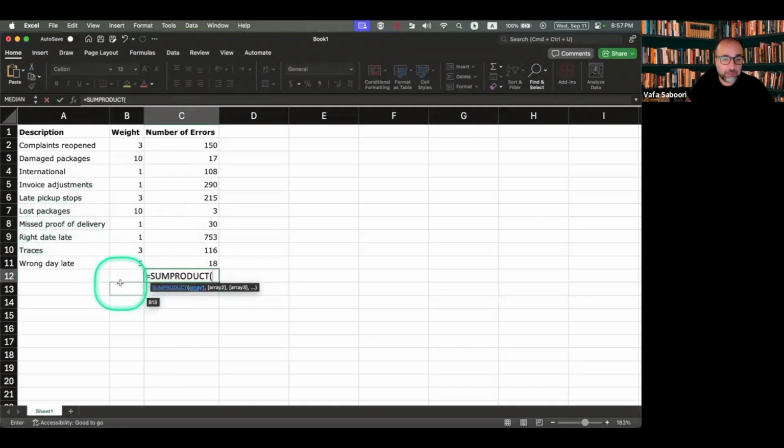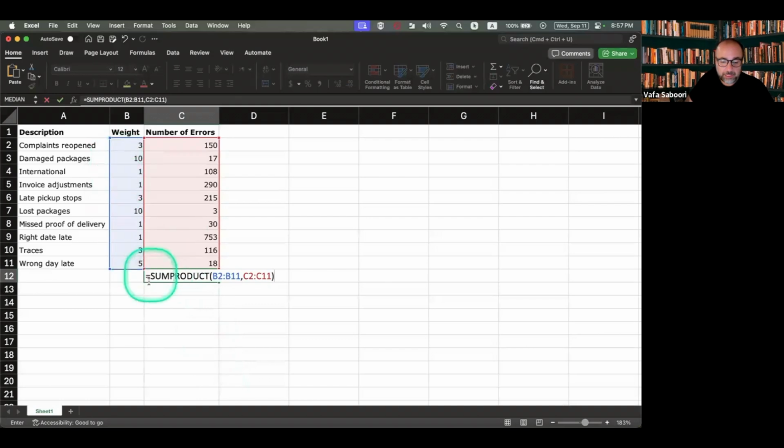So in order to calculate the weighted average, we're going to use the sum product function. The sum product function basically takes multiple arrays of data and pairwise multiplies them and adds them together. So for example, if in this case I say that I want to get the sum product of these two arrays, it basically gets 3, multiplies that by 150, then adds that to 10 times 17, and so on and so forth all the way.